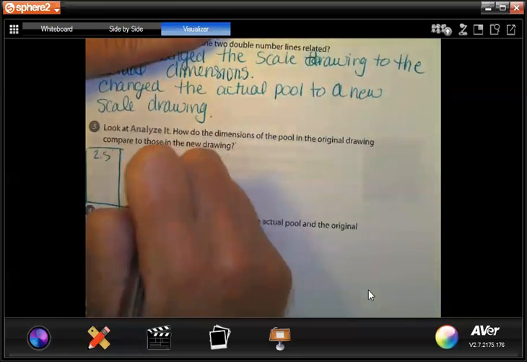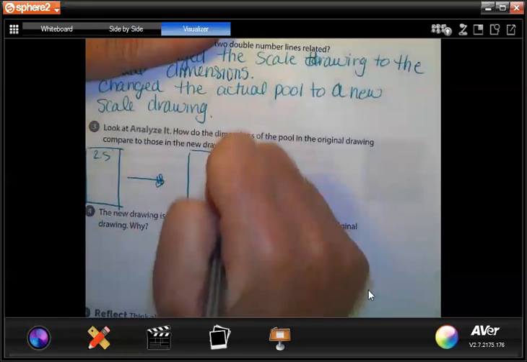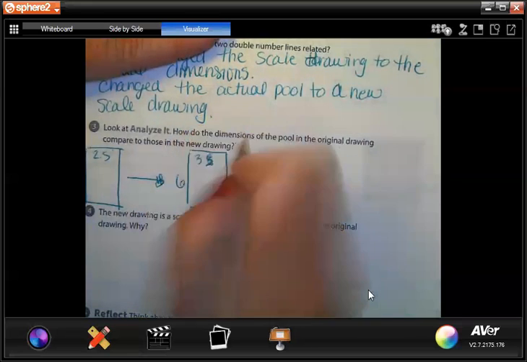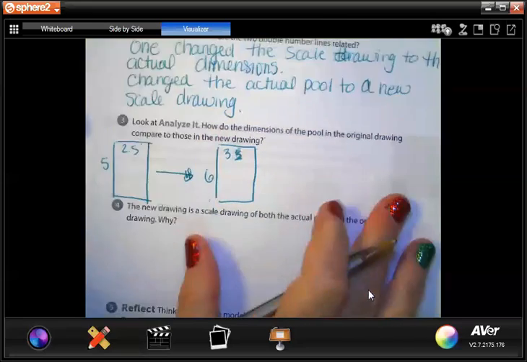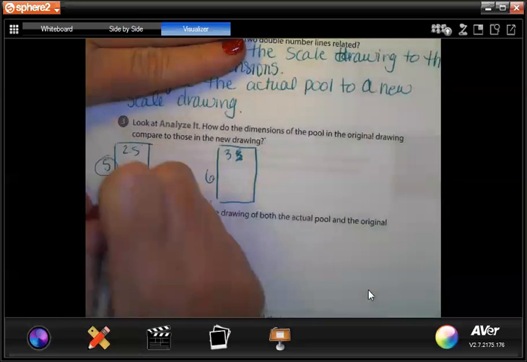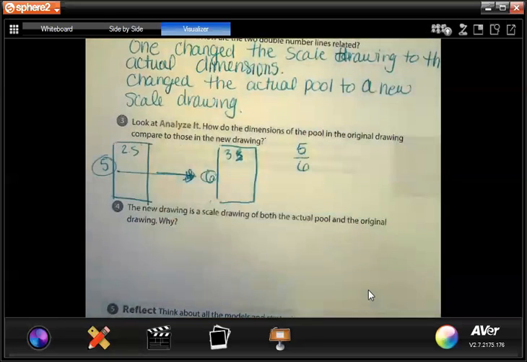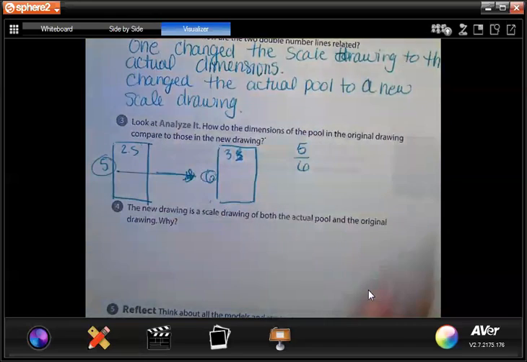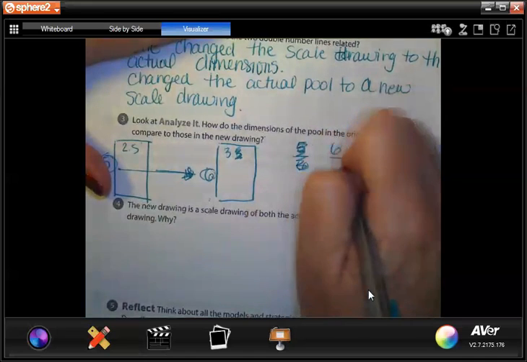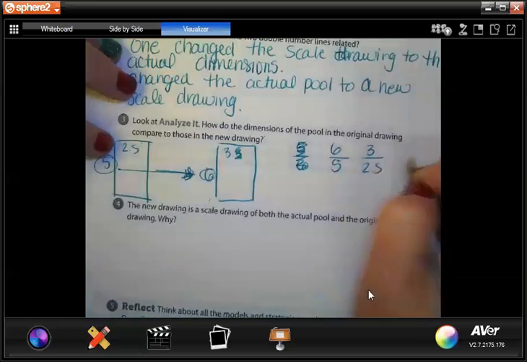The new scale was 3 by 6. So to go from here to this one is 6 to 5, right? And this one went from 3 to 2.5, right?